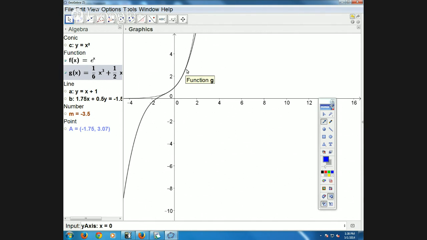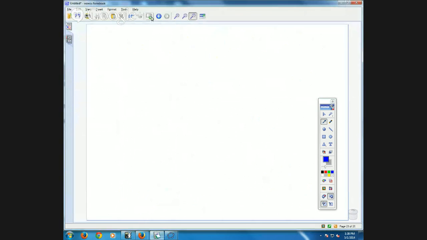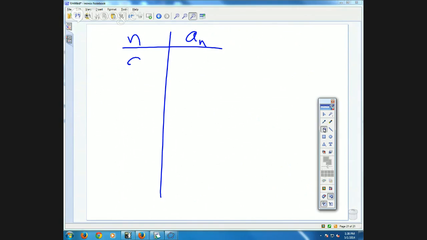So check this out. There's a pattern evolving here. Let's look at the pattern. New page. n versus a sub n. Okay, so if n is 1, we found our first coefficient was 1. When n is 2, we found our second coefficient was 1.